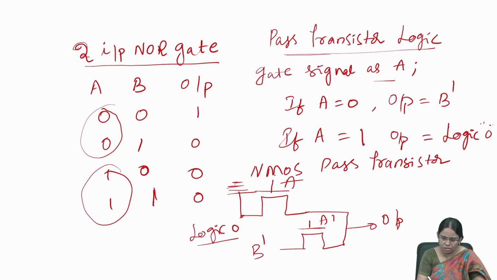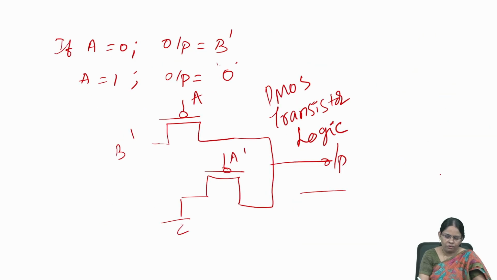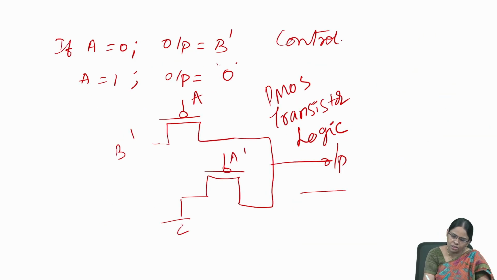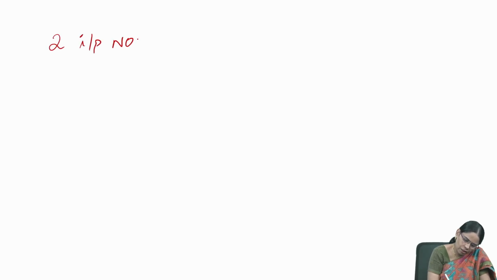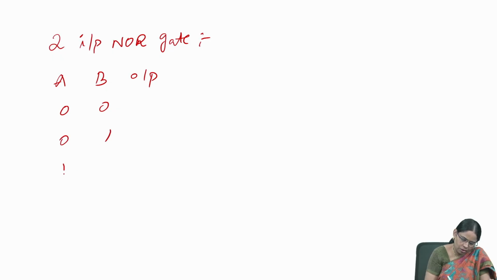In the previous case it is NMOS pass transistor logic with the control signal as A. So here we have considered a control signal as input A, control signal as variable A. Let us consider the same 2 input NOR gate with the control signal B. So here, the same truth table I am writing: 0 0, 0 1, 1 0, 1 1.